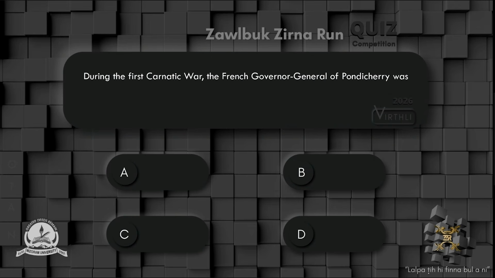Okay, last question for this round is this. During the First Carnatic War, the French Governor-General of Pondicherry was, and your options are A. La Bourdonnais, B. Captain Paradise, C. Dupleix, and D. Count de Lally.